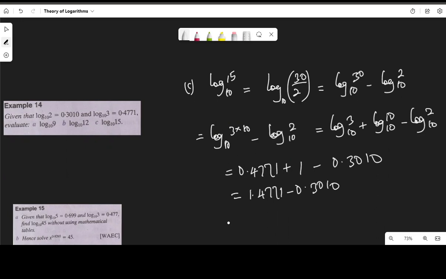That will give us 1.1761. So that is all for question 14.